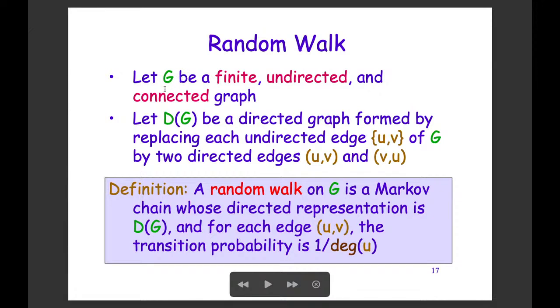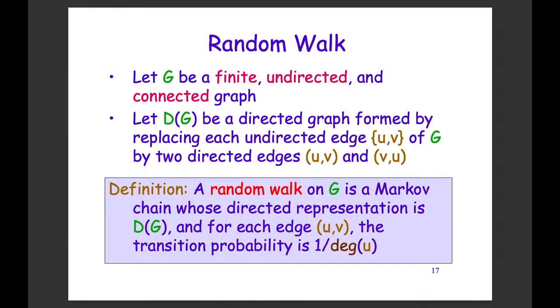What we are going to do is imagine that we are at a certain vertex on this graph, and then we walk along the edges randomly. So we first want to transform this graph into a directed graph, because we want to make it look like a Markov chain, with directed edges.